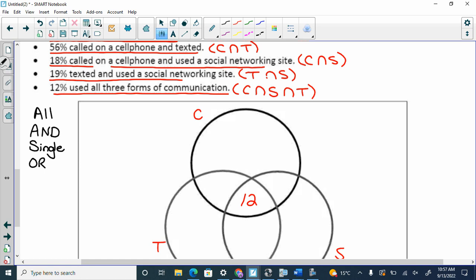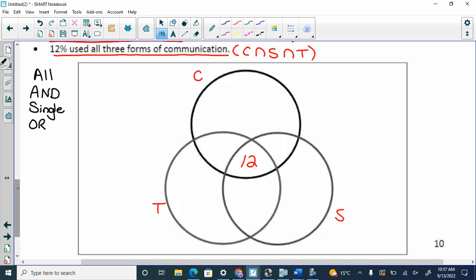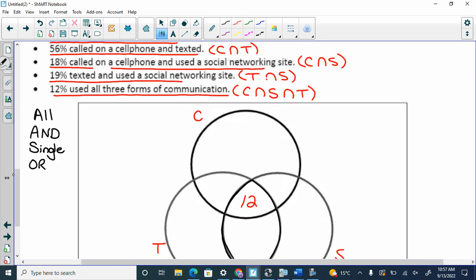So we need to go to the ands next. 19 texted and used social networking. So I go to the text and social networking eyeball. That's this right here. Because they don't say 19 text and use social networking only. If they said 19 use texting and social networking only, I'd put a 19 in this little piece here.